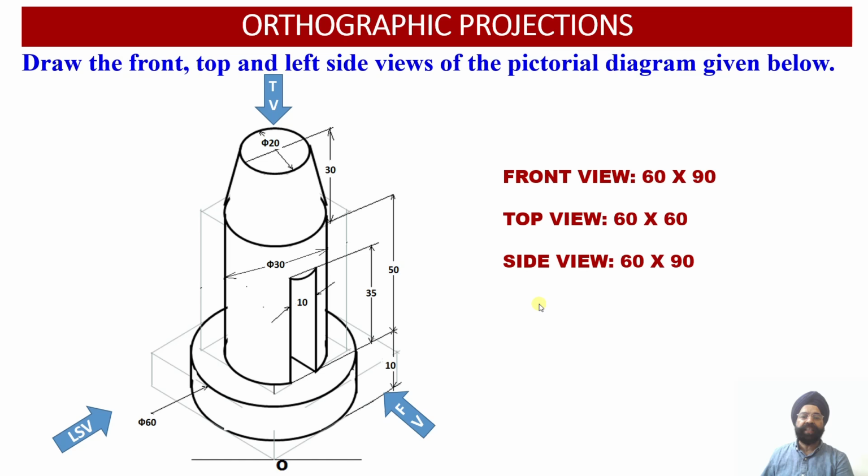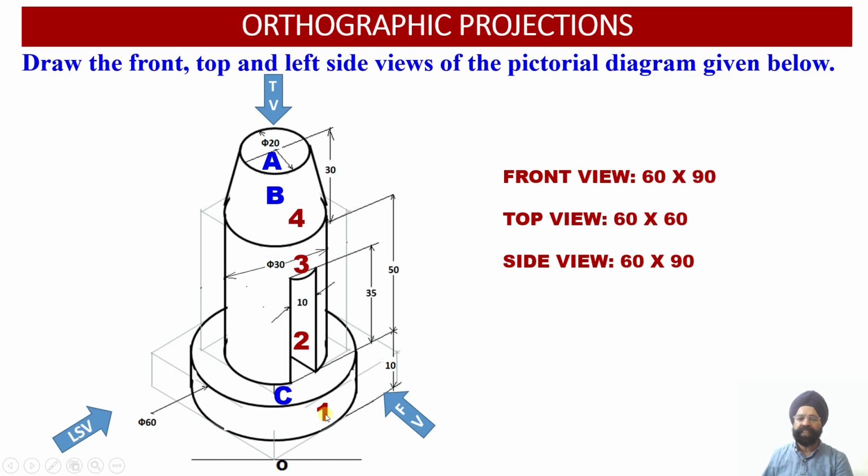Having obtained the dimensions of the front, top and side view faces, now let us see which surfaces will be visible when we are looking at the solid from the front side, from the top side and from the left hand side. When we look at the solid from the front side, these are the four faces which will be visible to us.